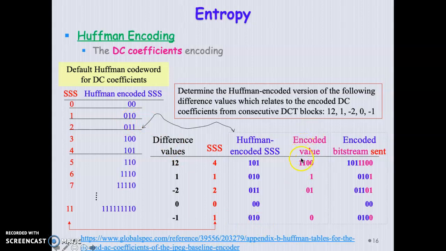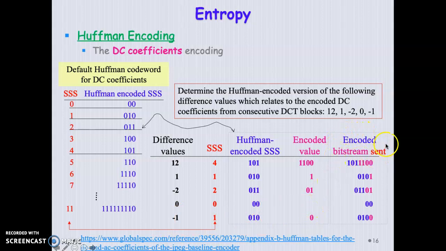So the encoded value is 1100, which is the value of 12 after you convert it into binary. 1 is 1, negative 2 is 10, so negative means 01, and negative 1 is 0.